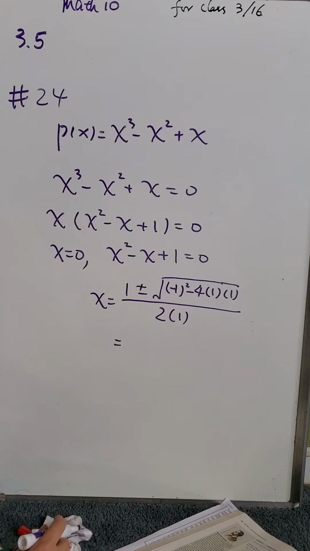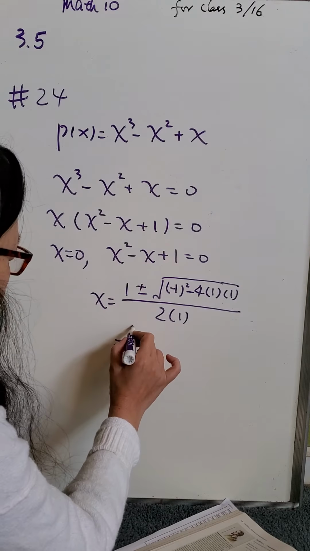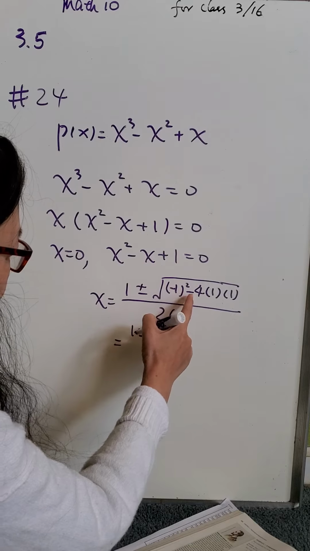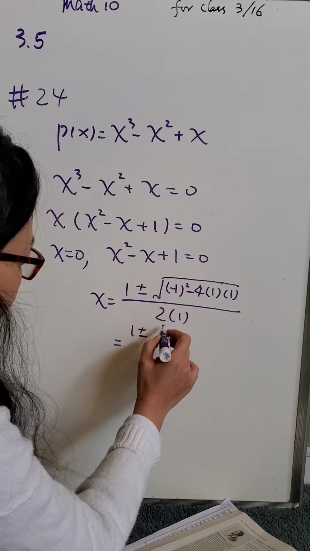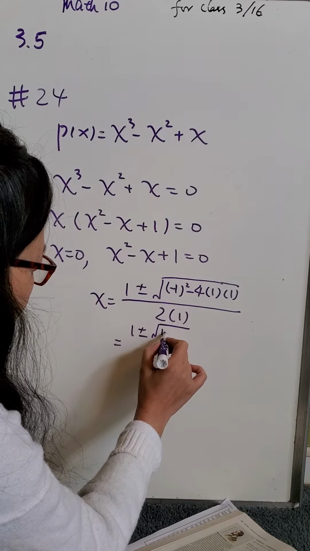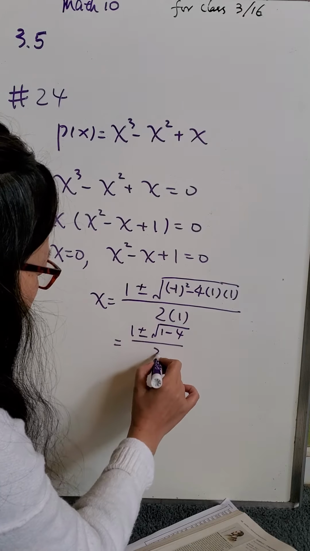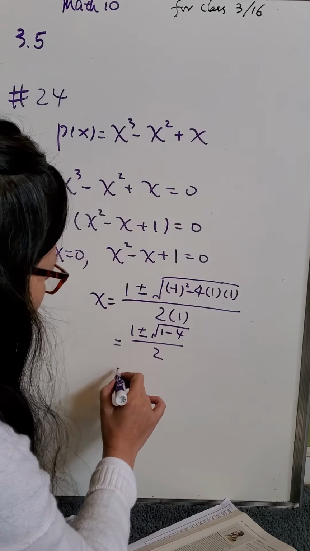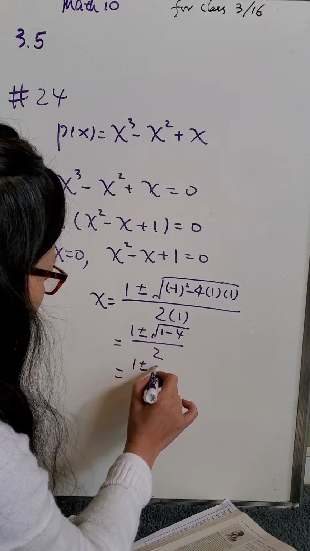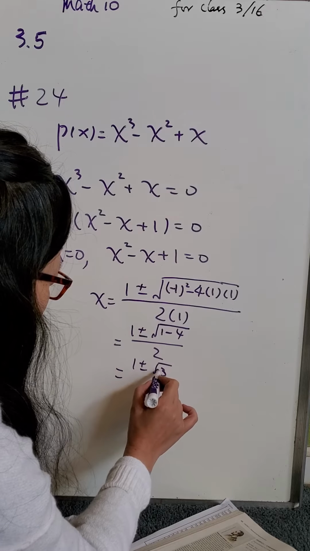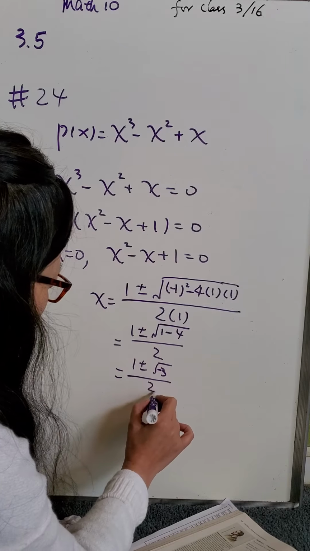And that's equal to 1 plus minus, and this is just 1 subtract 4, over 2. So that's equal to 1 plus minus negative 3 over 2.